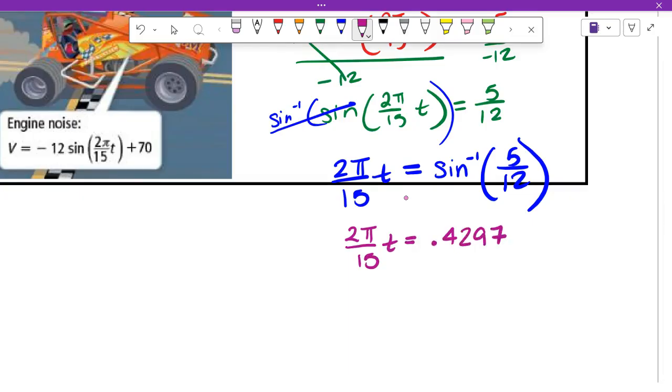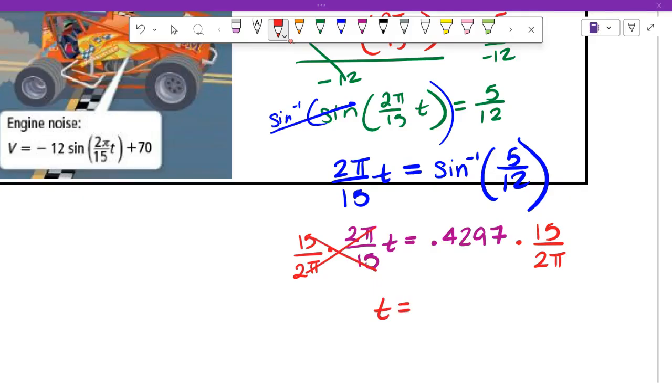0.4297. Okay, now in order to solve for t, the last thing I need to do is go ahead and multiply by the reciprocal of this 2 pi over 15. So I would just multiply by 15 divided by 2 pi. If I multiply by 15 over 2 pi over here, that gets rid of both of these and gets me t is equal to.